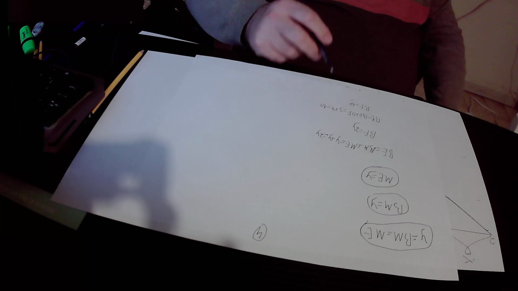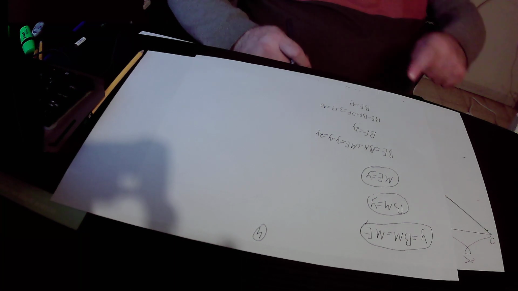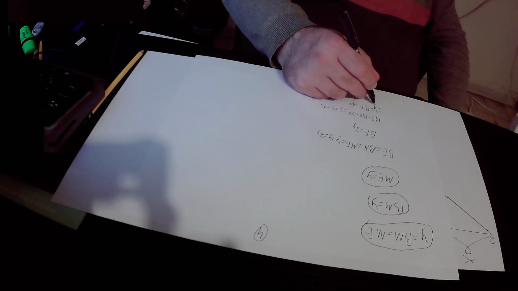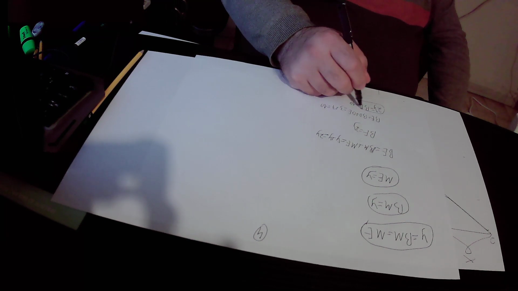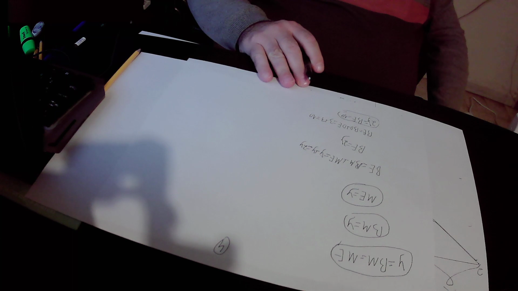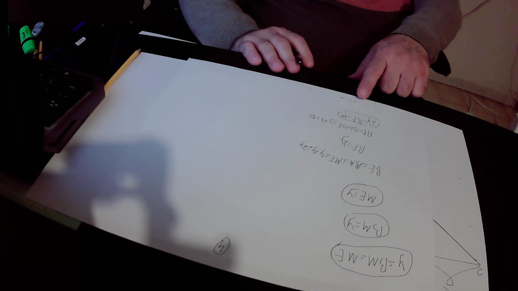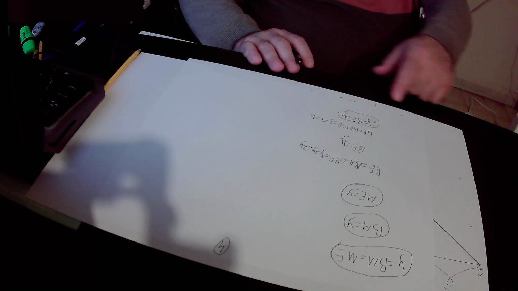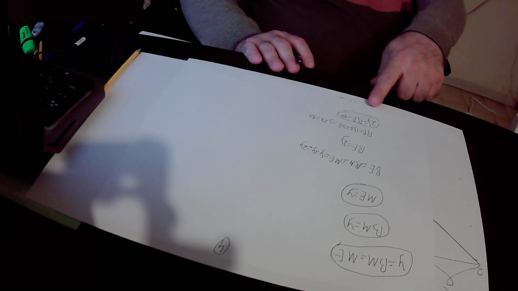But from the other side, we have already found out that BE equals 2Y. So from this equation, 2Y equals BE equals 10, we will conclude that 2Y equals 10.